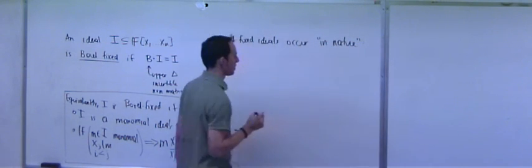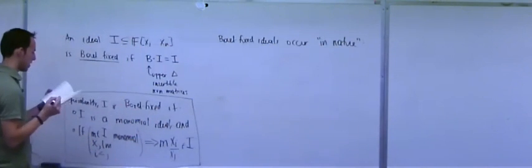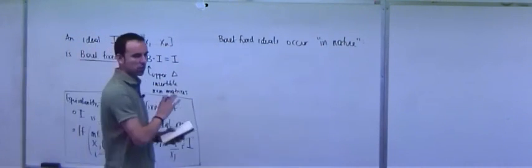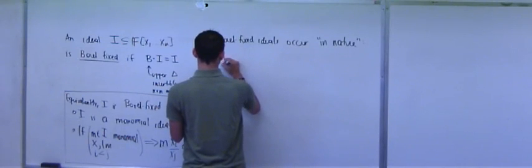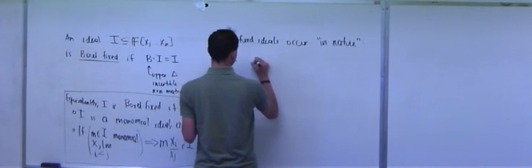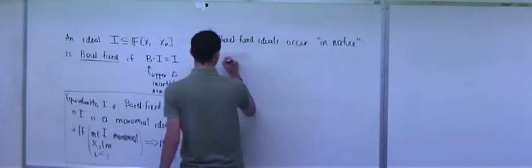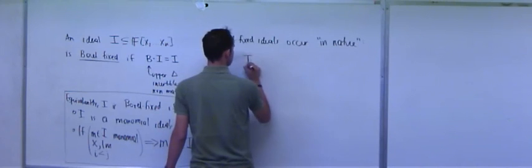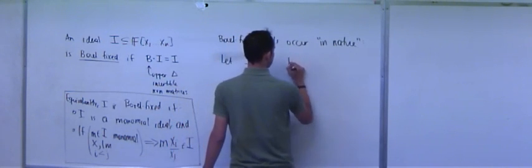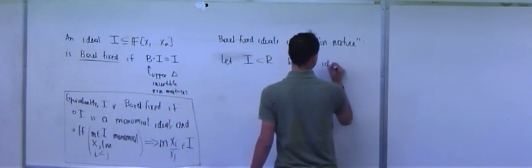And here's one way in which that happens. Let's say that you start with any ideal, and you have any monomial ordering.